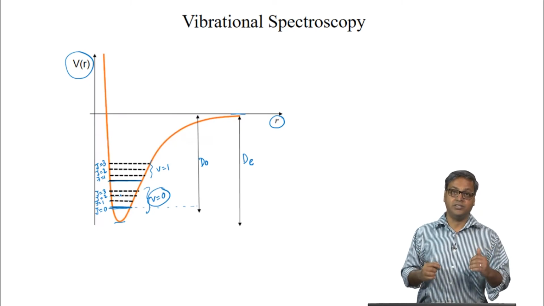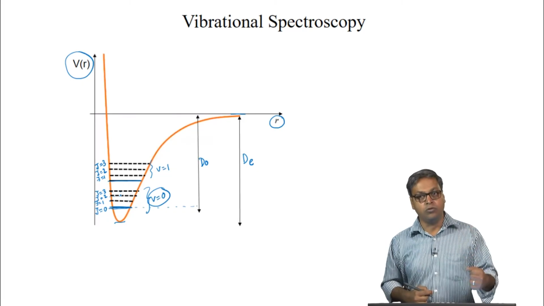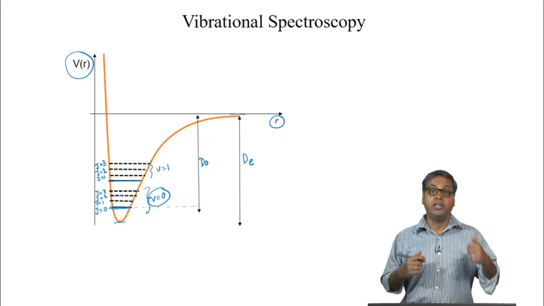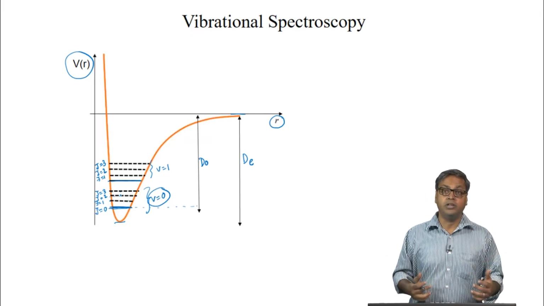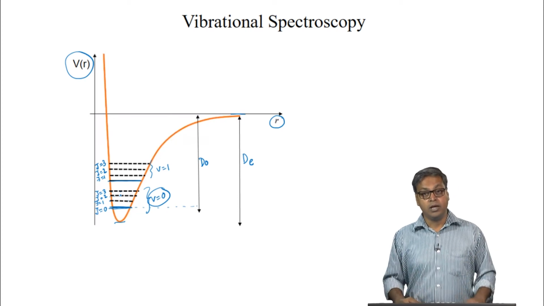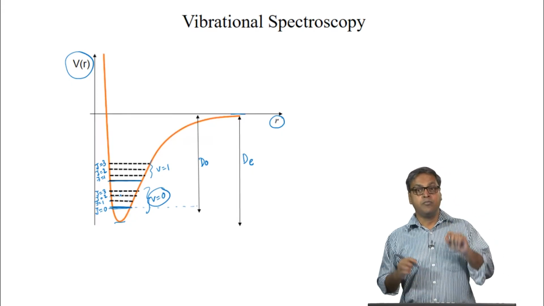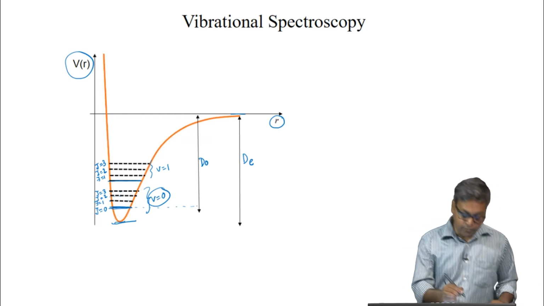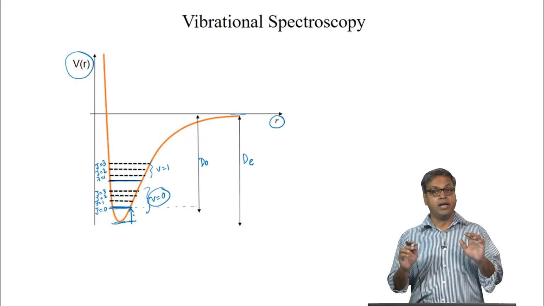Once the energies of the different levels and the selection rules are known, we know how J can change and how v can change, and thus we know what transitions are allowed and can predict the spectrum. The zero point energy is the energy difference between the bottom of the energy well and v equals 0.